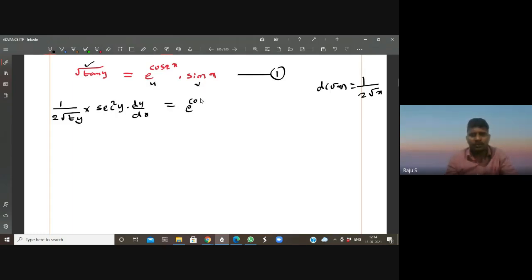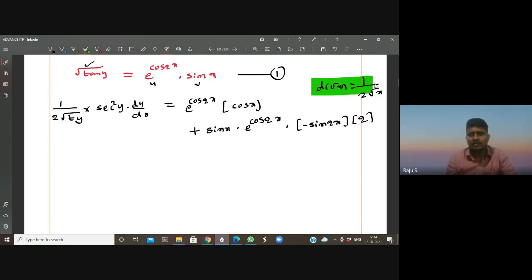E to the power of cos 2x into sin x derivative is cos x plus, yeah, now sin x into e to the power of cos 2x is e power cos 2x into the derivative of cos 2x, a chain rule again. E power x is e power x. Cos 2x is minus sin 2x. Again 2x derivative is 2.